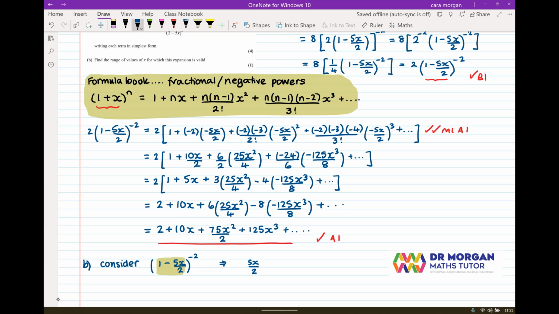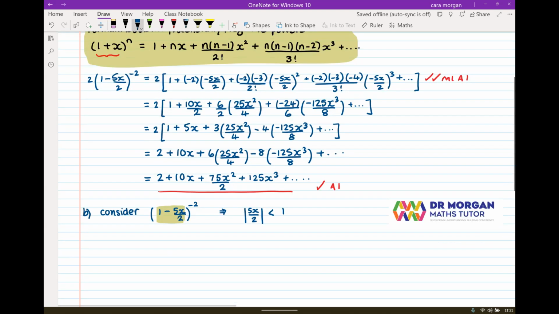But we could also expand if we had something less than 0 in that bracket, like for example negative something. It's just we can't expand something that's equal to 0. So I think the modulus of 5x over 2 is going to have to be less than 1.